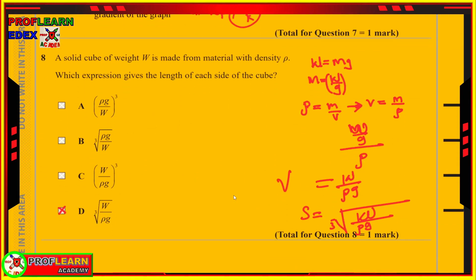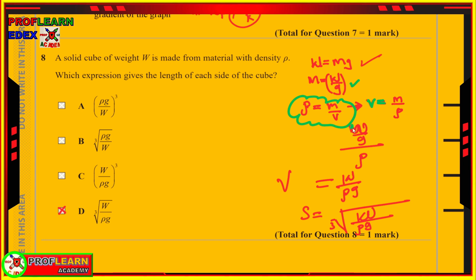We are told a solid cube of weight W is made from a material with a density rho. You need to remember that weight is equal to mg. Then to get the mass, it is weight divided by gravity. Remember the formula, density equals mass divided by volume, meaning that from here we can get volume using the formula V equals mass over density.